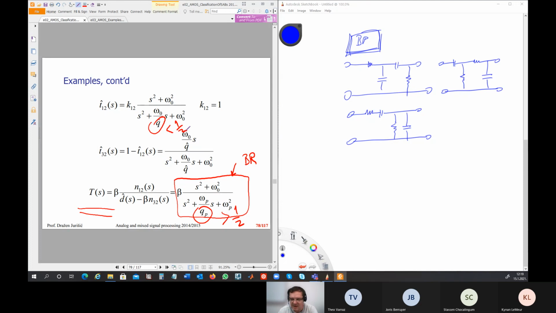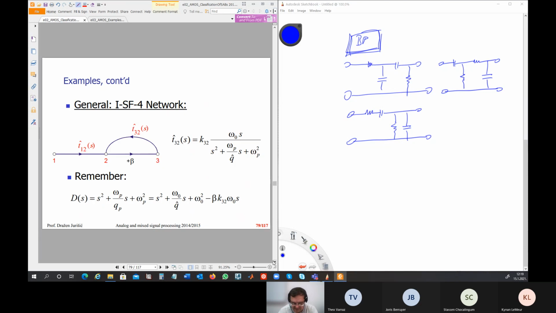Okay, so our twin T network was very useful for obtaining a band reject network. Okay, now we see T32 is bandpass and T12 is what it is.